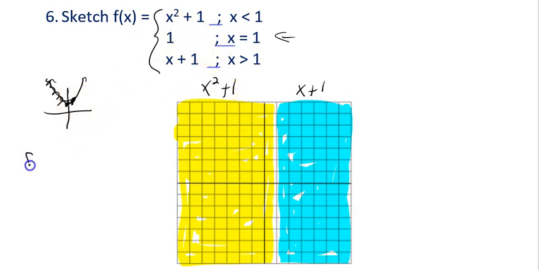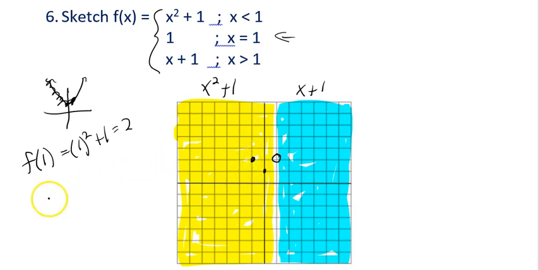So if I plug in f of 1, even though I'm going to have to put an open circle there, I'm going to have 1 squared plus 1, so that's 2. So at the point 1, 2, I'm going to have an open circle. I know that my vertex is at 0, 1 because I just moved the bottom of it up 1 from 0, 0 in a shift. So I know I'm here. Again, because it's a parabola and it has to be symmetric, I know I go through the point at -1, 2.